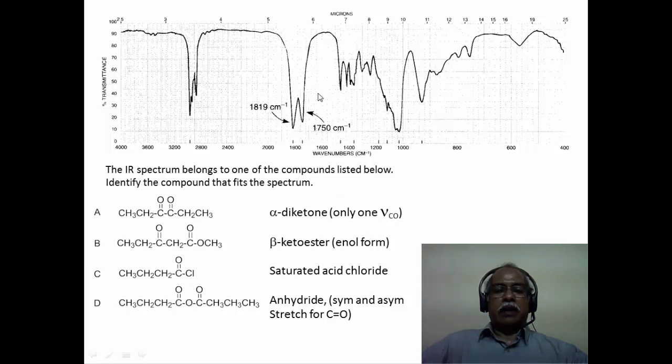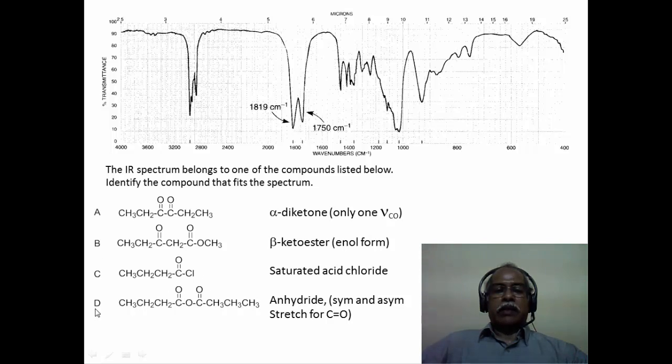Remember, the anhydride gives two stretching frequencies, one corresponding to the symmetric, the other corresponding to the asymmetric stretching frequency. So, when you see a band like this around the 1800, 1750 region, definitely it is because of an anhydride. So, one can straight away rule out the possibility of A, B, C for the spectrum.